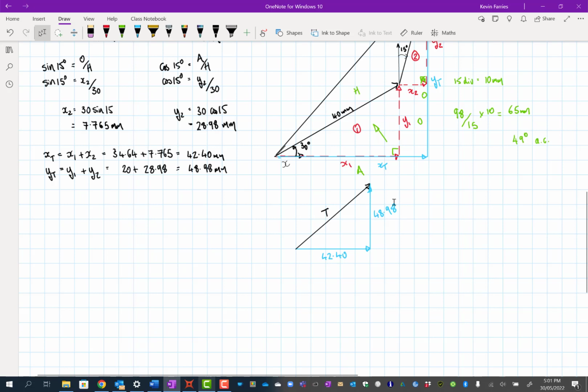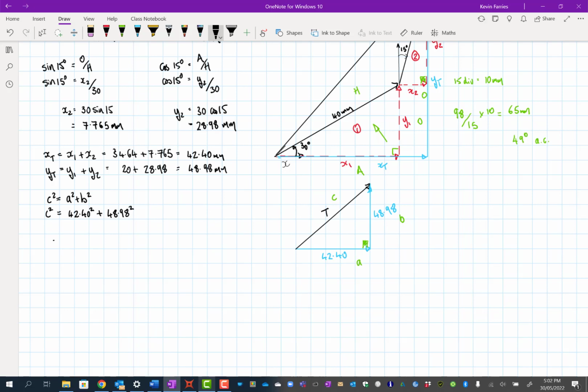Okay, so this time we've got two sides and we want the other side, so we want to go for Pythagoras, and we should label. By now you might not need to do this every time, but that's C on this side. A and B don't matter. So the formula is C squared equals A squared plus B squared, which is equal to 42.40 squared plus 48.98 squared.